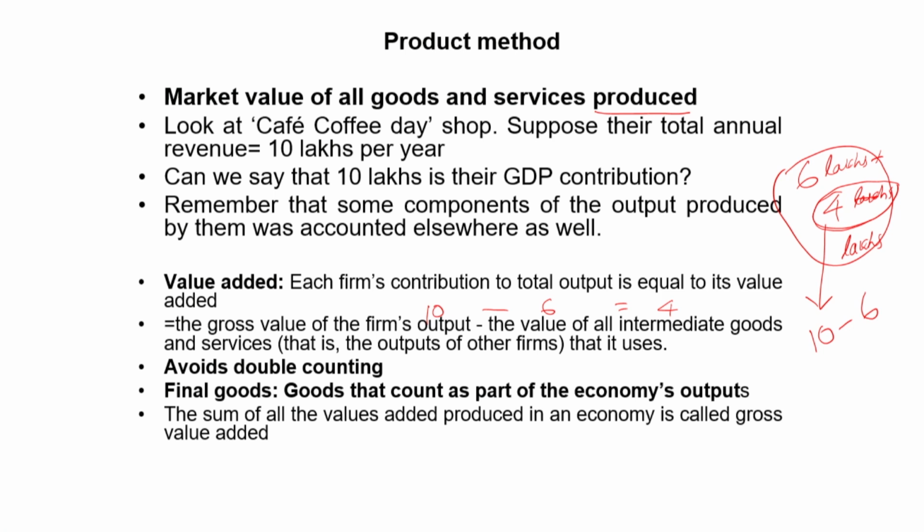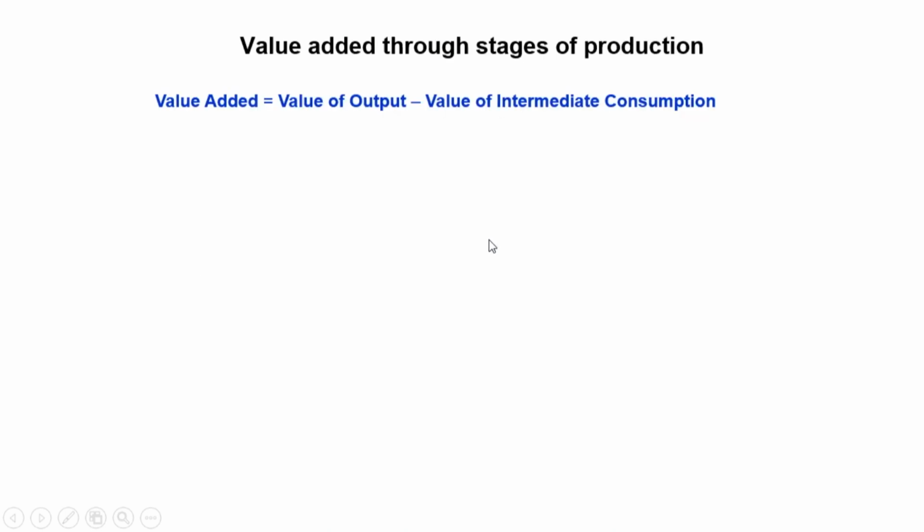So in order to overcome this, we use the value added method. So final goods are the goods that count as part of the economy's output, that is GDP. The sum of all the values added produced in an economy is called gross value added. So using the product method, we are actually calculating the gross value added here.